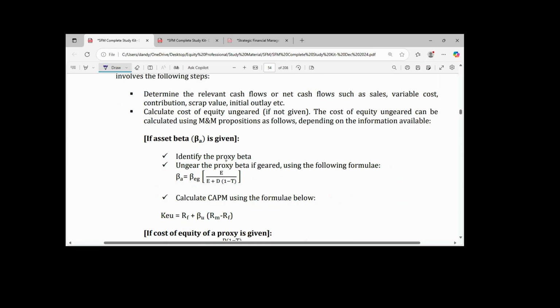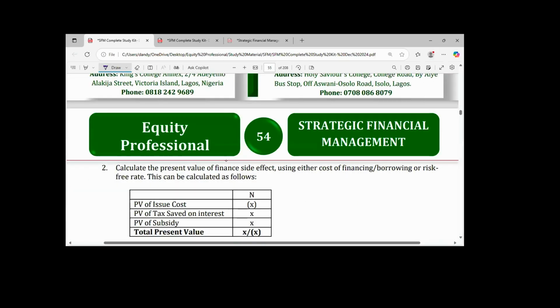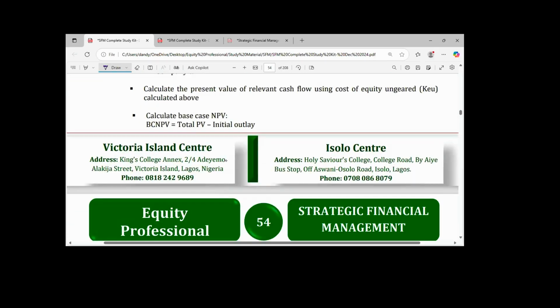So you just go back, and this is what I've already explained. You calculate base case NPV, which is the total present value minus present value of cash outflow. That will give you your base case NPV. But like I said, the base case NPV is the same thing as the normal NPV.